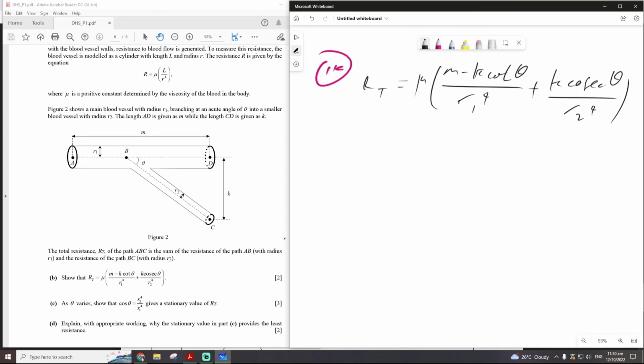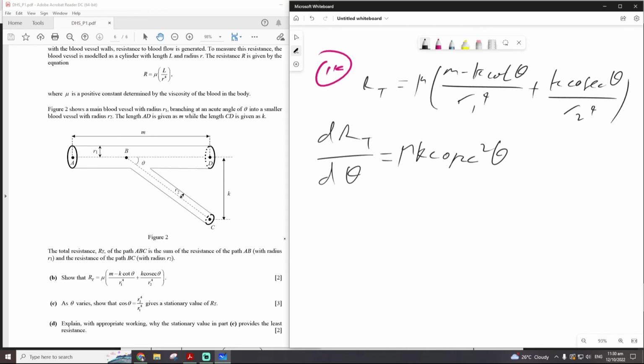To find the stationary value, we differentiate RT with respect to theta. The mu will stay outside. When we differentiate M over R1 power 4, this will be gone. So we just differentiate the cotangent. The derivative of cotangent is negative cosecant square theta, so you'll get positive here. So you get mu K cosecant square theta.